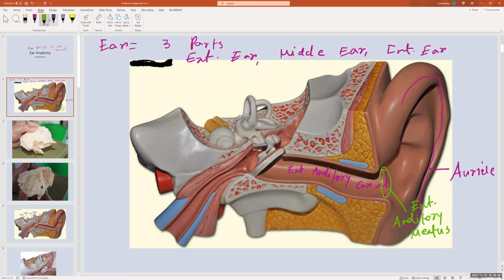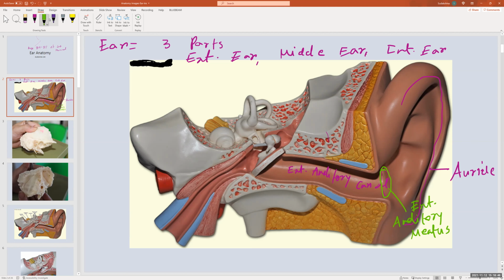Meatus is like a fold. External auditory meatus is the beginning of the deeper part of the ear. The only externally visible part is the auricle. Everything else is partly accessible and is deep within the temporal bone.